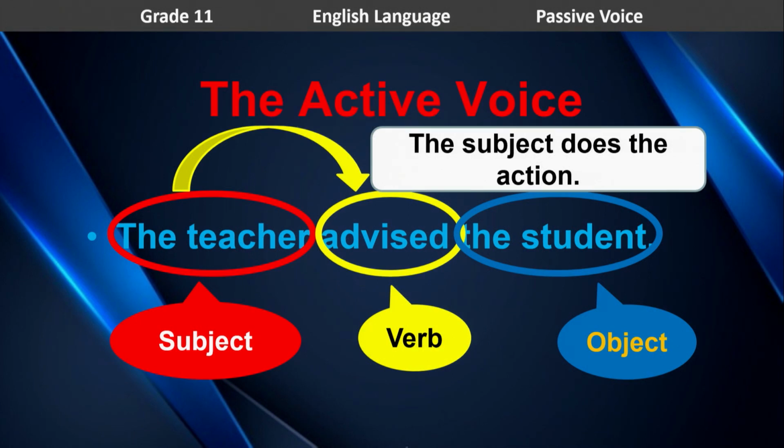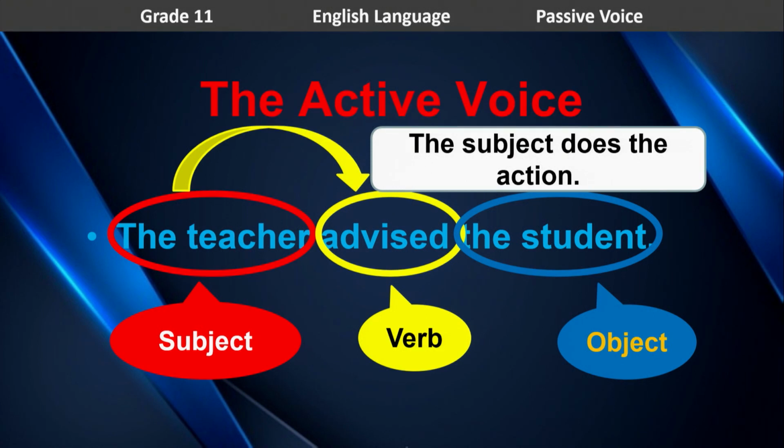There, the action is done by the subject. So, if the action is done by the subject, we call it the active voice. In an active voice sentence, the action given in the verb is done by the subject.